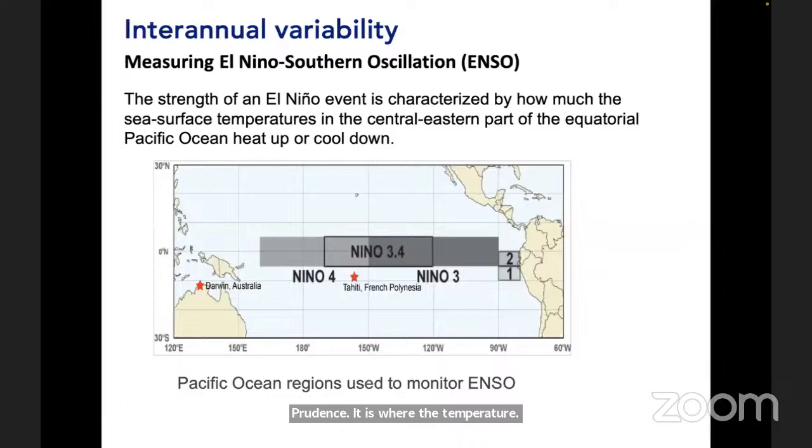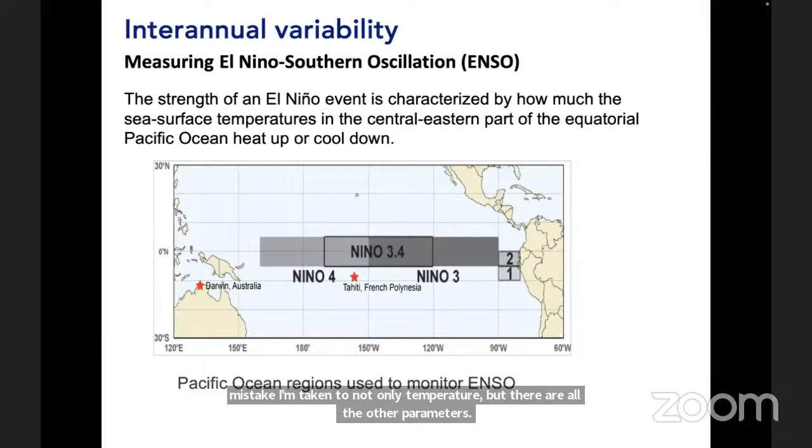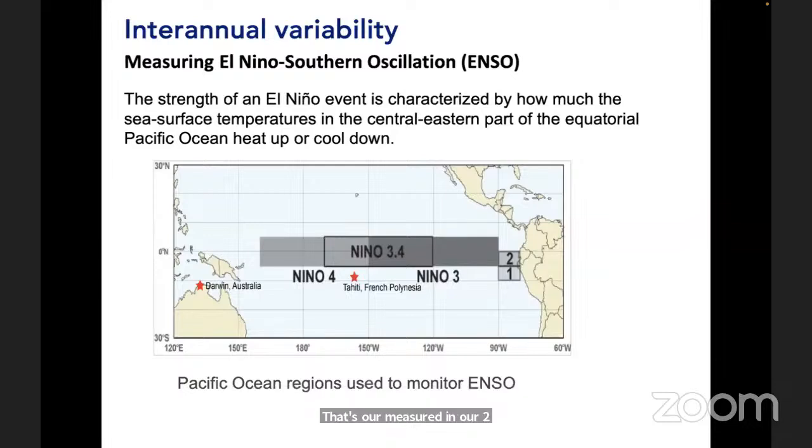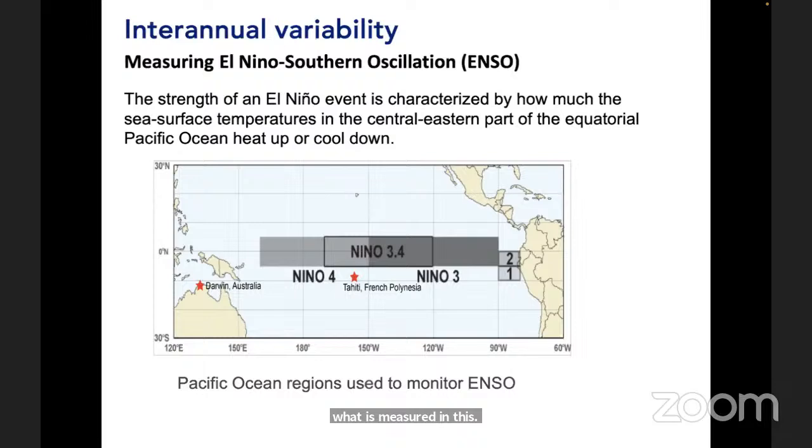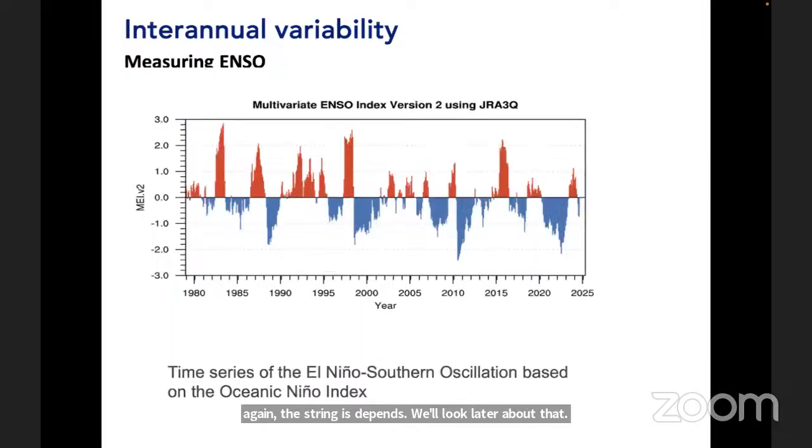The sea surface temperature is taken, and not only temperature, but also all the other parameters are measured. So when we say above normal, below normal, whatever, it is what is measured in this box 3.4. Again, the strength is dependent. We'll look later at that, and at what you can get from these measurements.